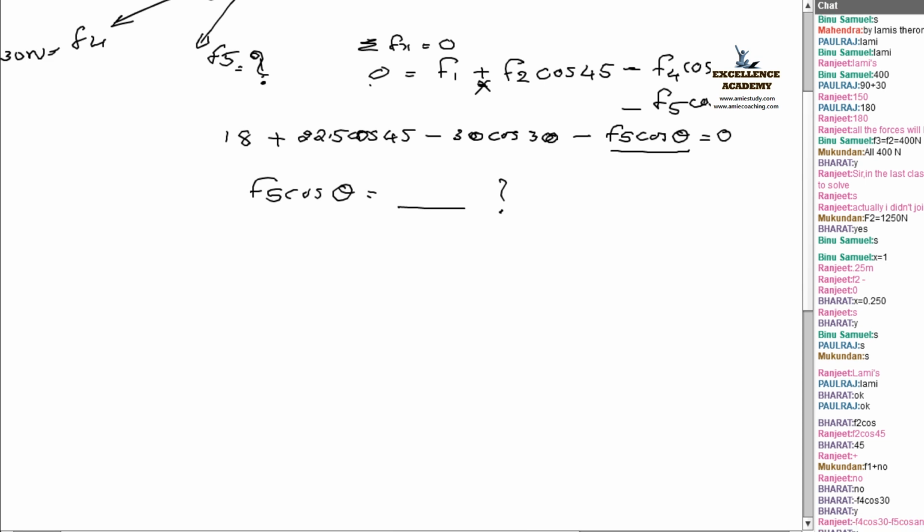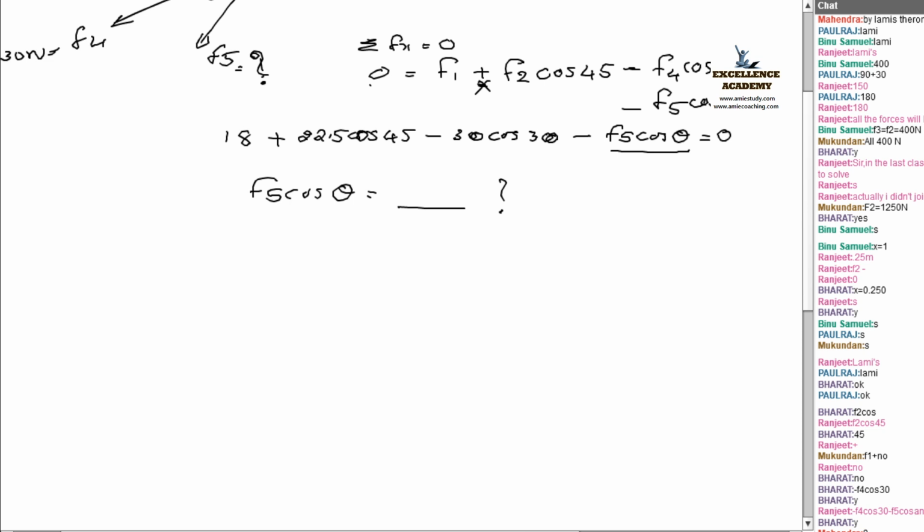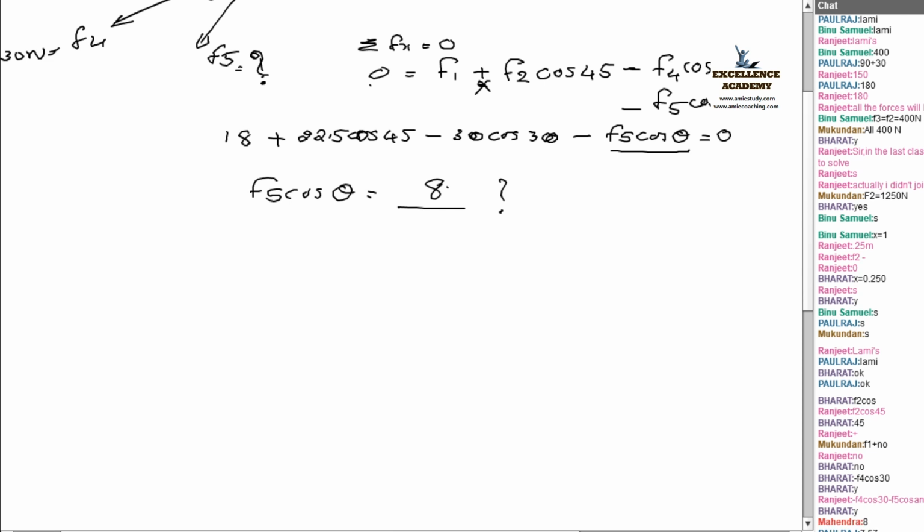Okay, fine. It is required. If you don't have a scientific calculator, please buy it as soon as possible. Yes, okay, 8. According to Mahendra, it is 8. Next, sigma Fy you have to find out. Okay, 7.57, 7.92. These are various answers. Based on the decimal part you take, it will vary.